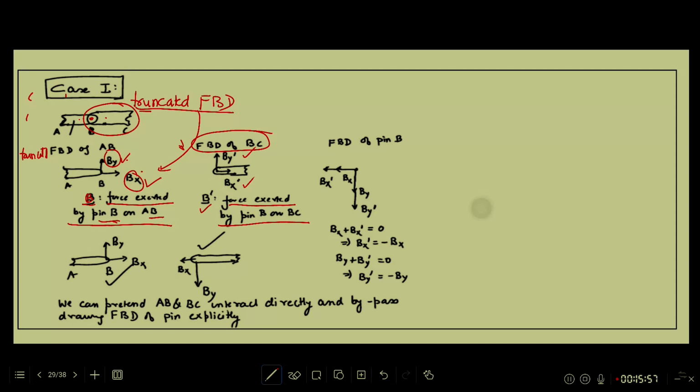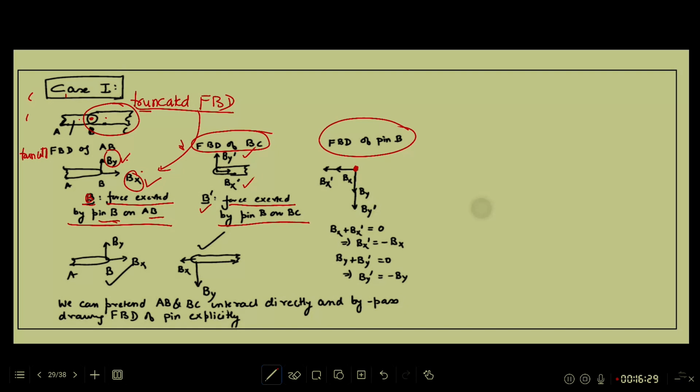Now let's draw the FBD of pin B, pin B itself. So pin B is dealing with AB on one side and dealing with BC on one side. AB is exerting a force, BC is exerting a force on it. The force that AB exerts will be minus B, and that is why you see here I had Bx and that has become Bx on the left hand side, going from right to left.